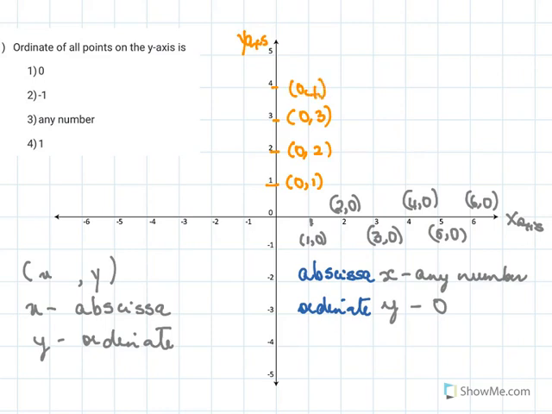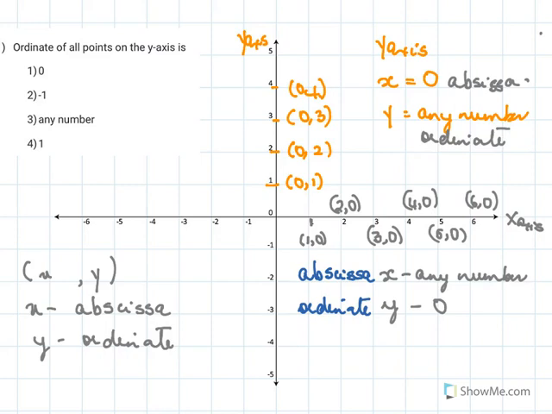So if you noticed here for the y-axis, the x-coordinate is always 0, while the y-coordinate is any number. And another name for the x-coordinate is abscissa. And for y it is ordinate.